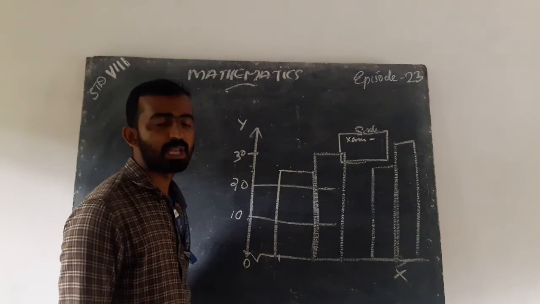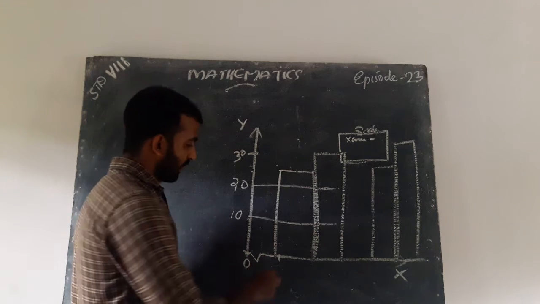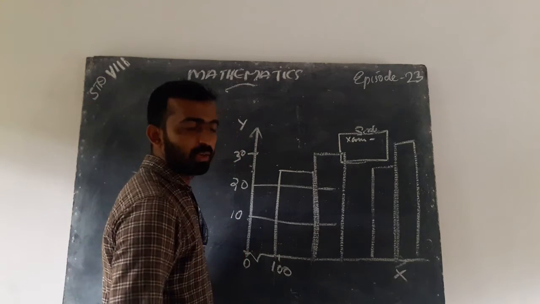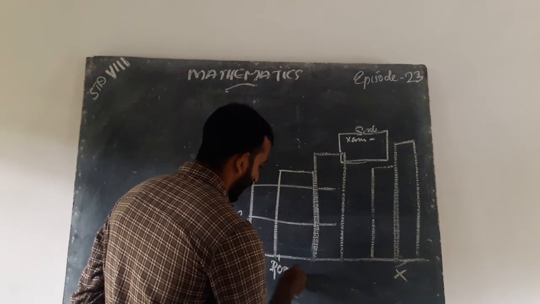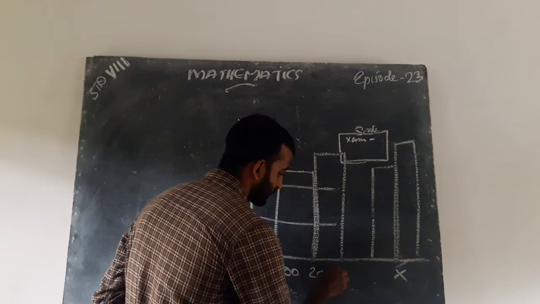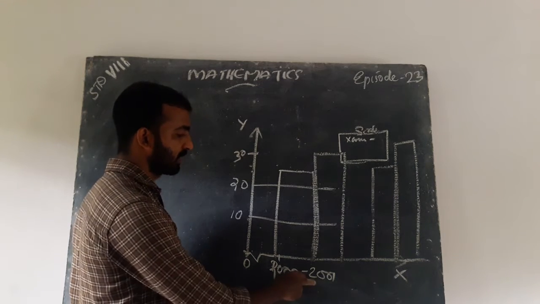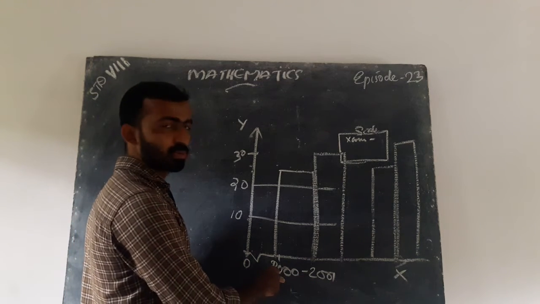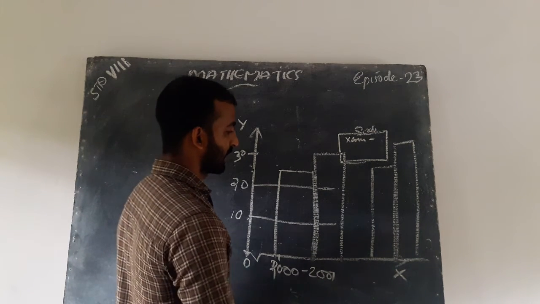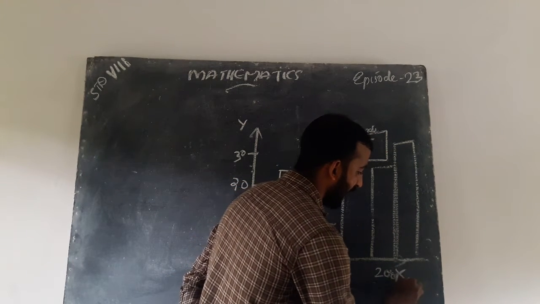Here we didn't take the values, for example 2000 and 2001, and 2001 and 2002.